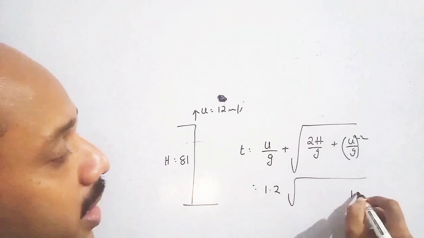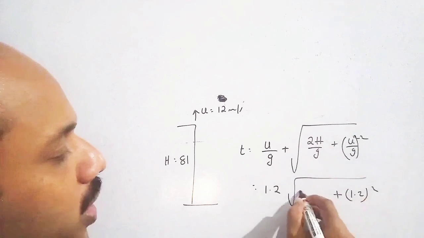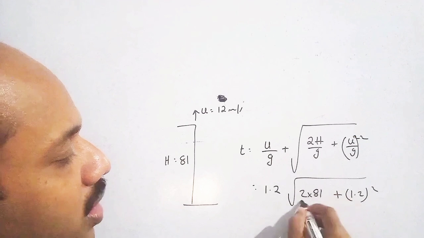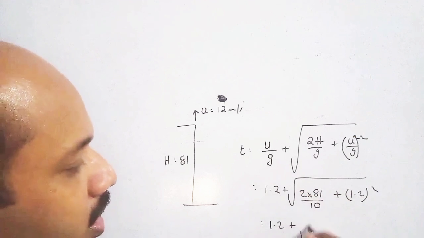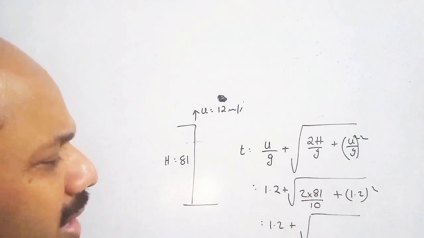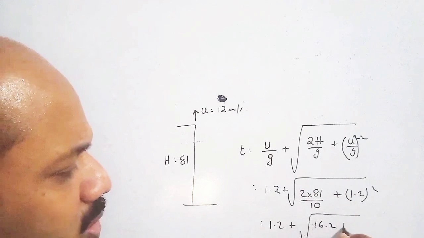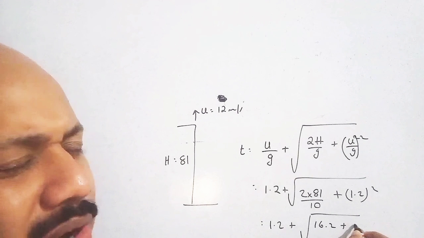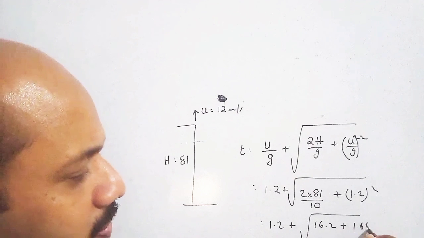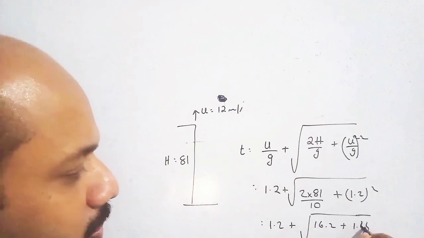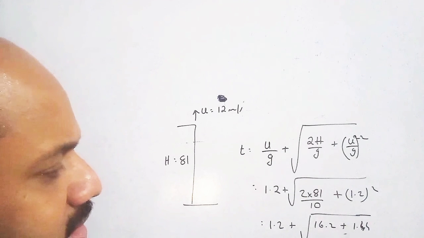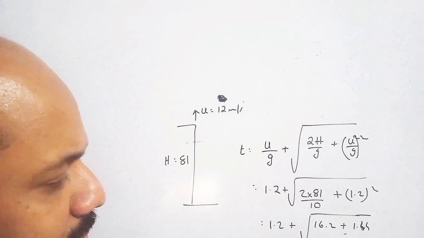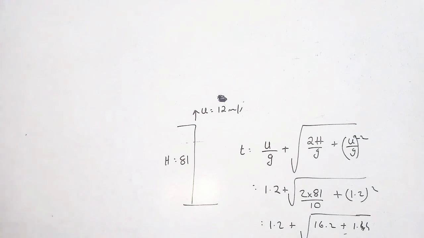This is 1.2 square plus 2 into h, which is 81 divided by 10, that is 16.2. 1.2 square is 1.44. So it is almost equal to 1.2 plus 16.2, that is 17.6 something.